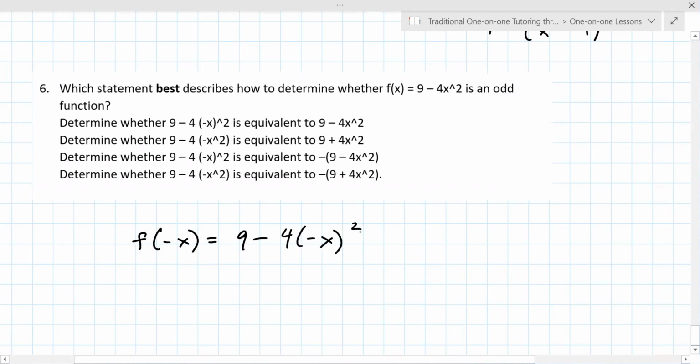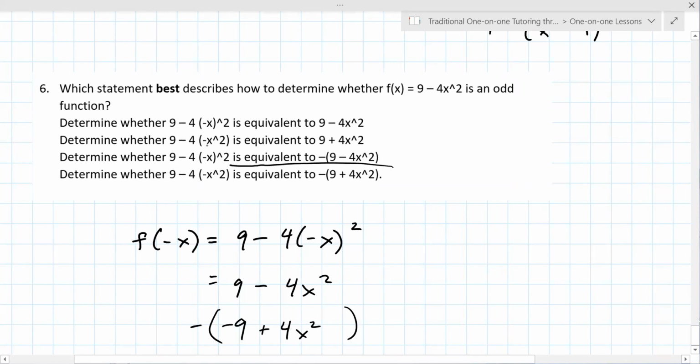We found that it's 9 minus 4x squared. Then you factor out the negative. When you factor out the negative, 9 becomes a negative, and it's plus 4x squared. So you're trying to figure out, it looks like, this last one here.